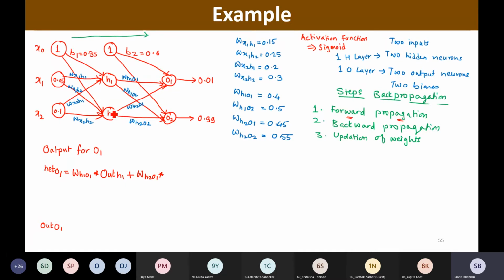So out H2, plus for this neuron I am having this bias B2 into 1.